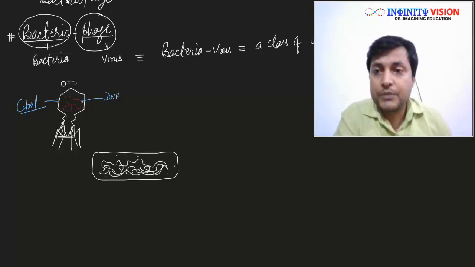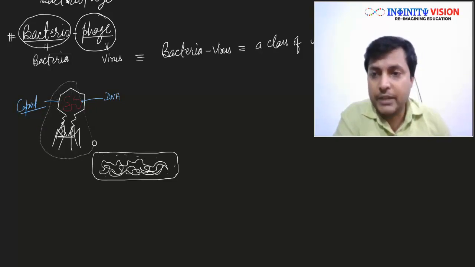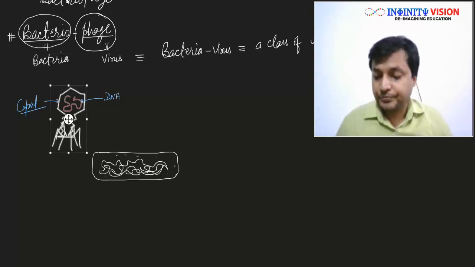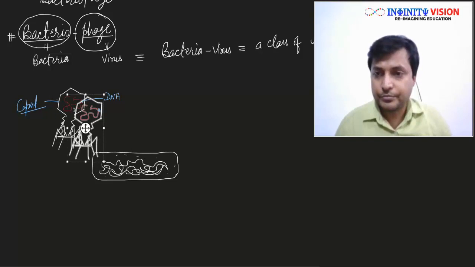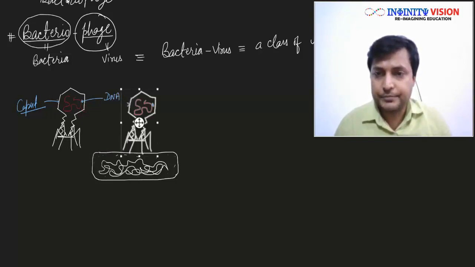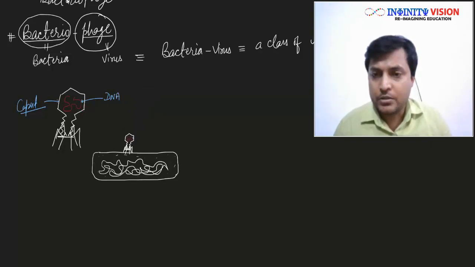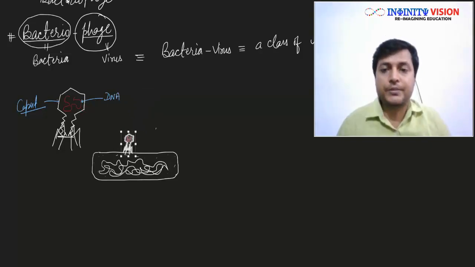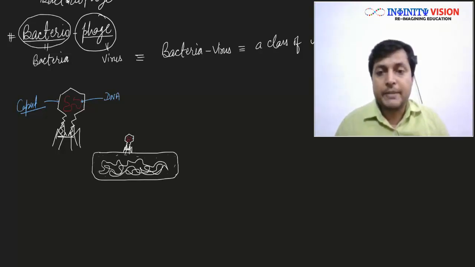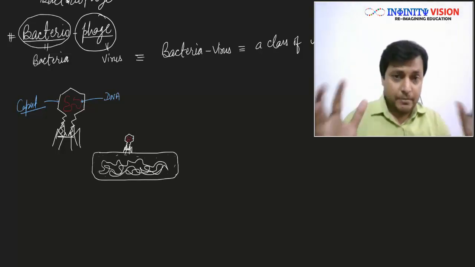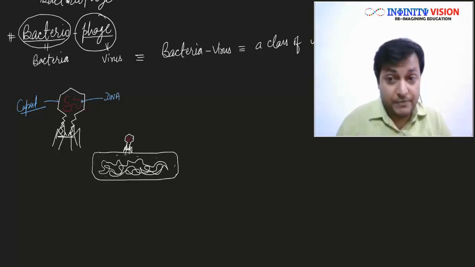So let me take this virus and shrink it. This is a very small virus. Viruses are generally very small. So this bacteriophage is very small compared to the bacteria that it infects. It sits on it with the help of these tails.